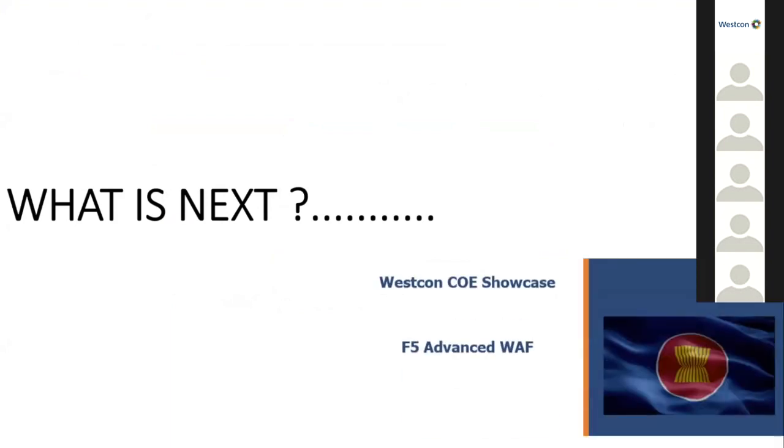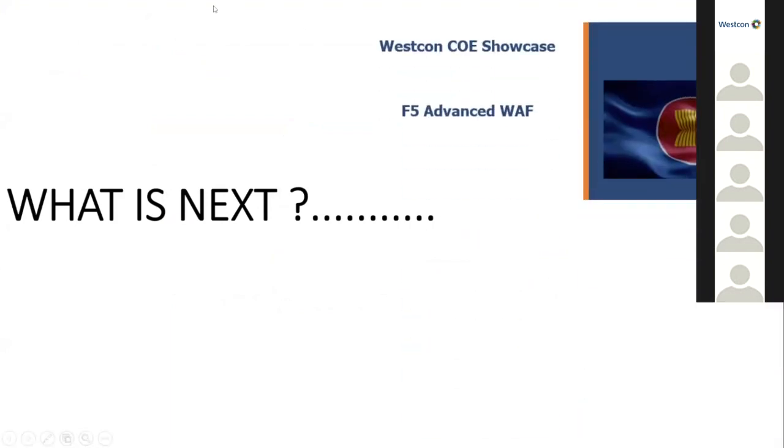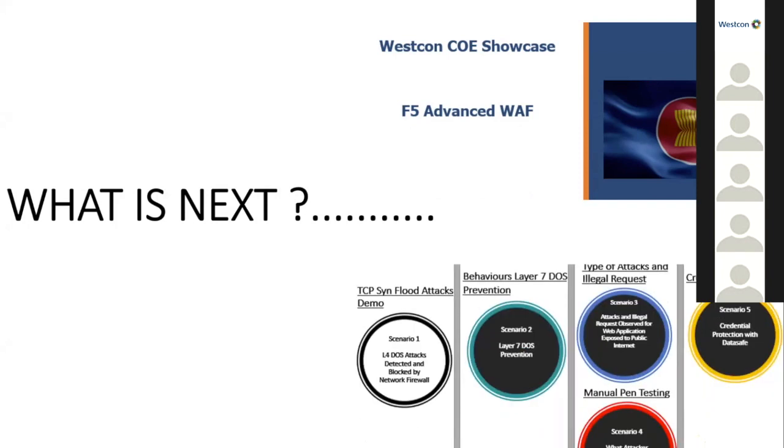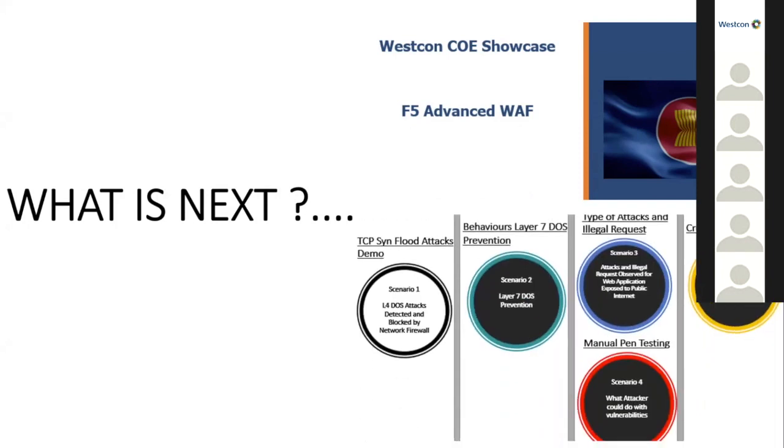We have in place a responsive showcase, which talks about Advanced WAF. We have created the same thing, a field scenario to target inbound traffic, and then how F5 Advanced WAF is able to block that incoming traffic at the application layer.